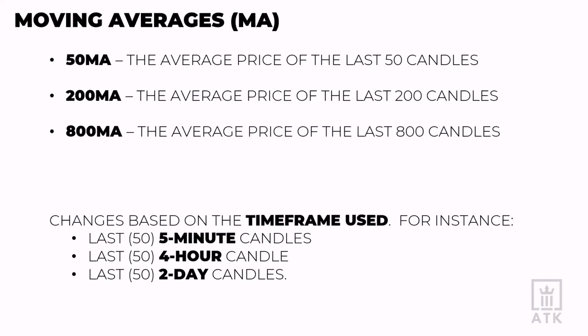The 50 MA is reporting the last 50 candles on whatever time frame you're on. So the last 50 5-minute candles, or the last 50 4-hour candles, or the last 50 2-day candles. Same with the 200 MA and the 800 MA.